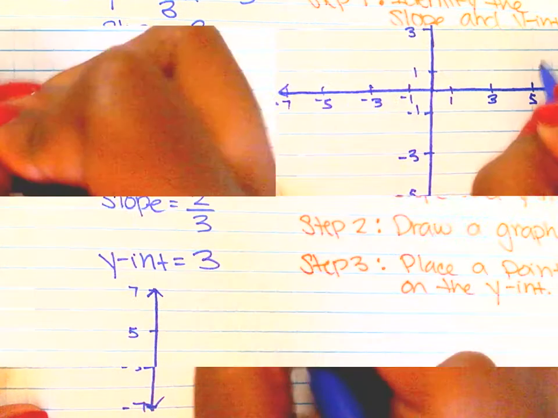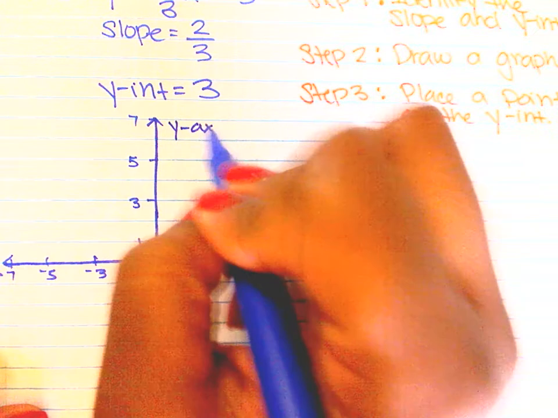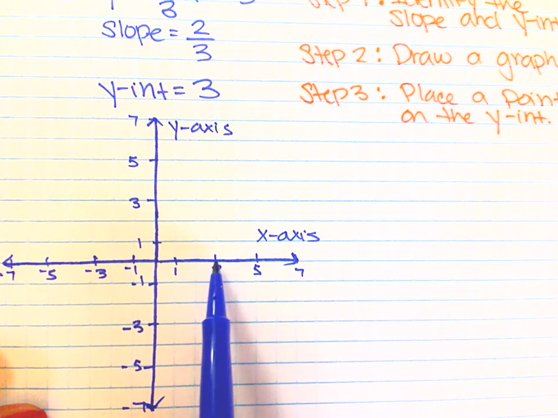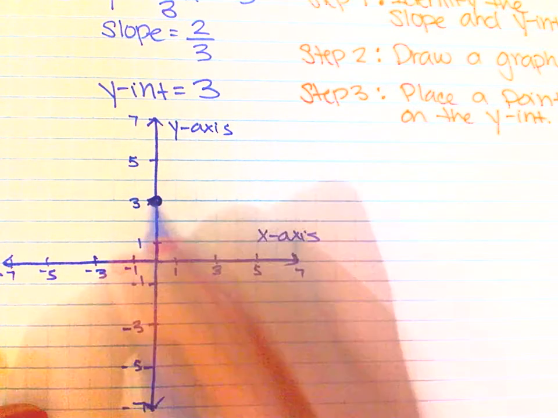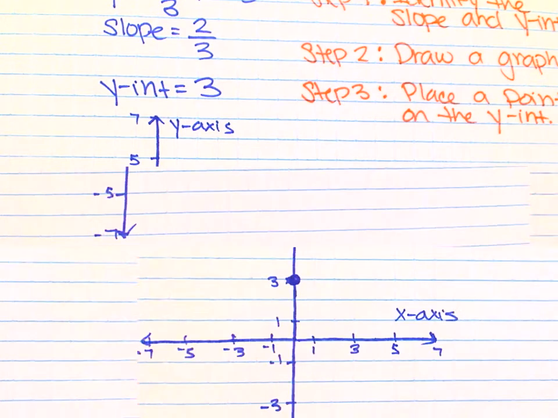This is the x-axis, everybody. What line is this? That's the y-axis. The y-intercept, do I put it over here? No, I put it on the y-axis. So I'm putting a point on positive 3. Does that make sense? The y-axis, where you're going to put the point, is that vertical axis.